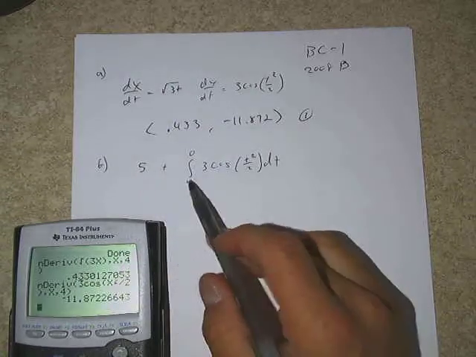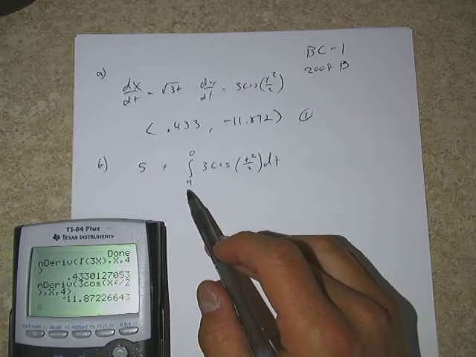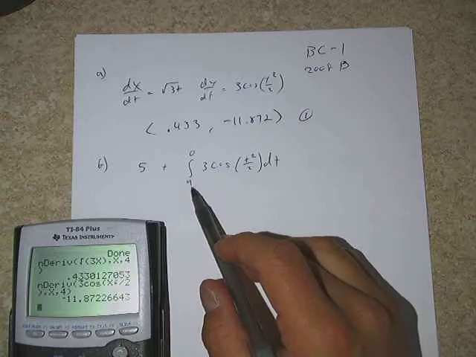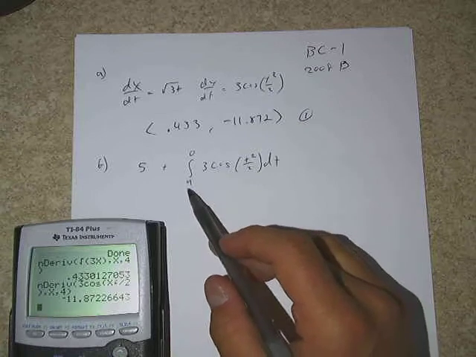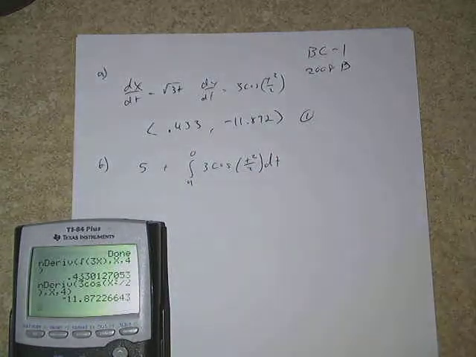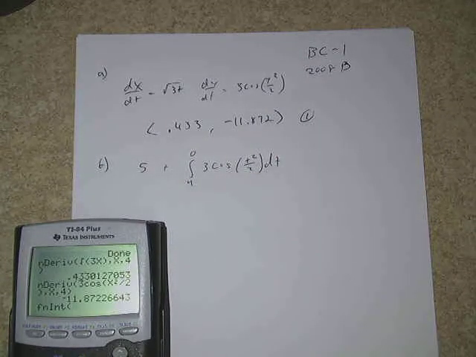Again, we're at 5 to begin with. That's our initial position in terms of y. Our displacement is what gets us to the position at 0, and the initial time they gave us was 4, so we're going from 4 to 0. That'll ultimately give us our displacement.